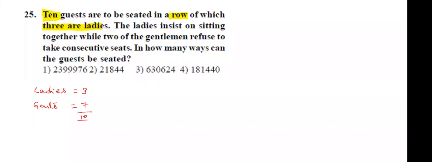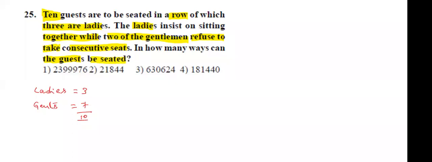Now the ladies insist on sitting together while 2 of the gentlemen refuse to take consecutive seats. In how many ways can the guests be seated? This is the question.